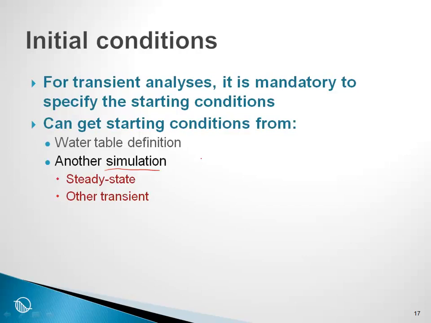Now, the initial conditions could also come from a SIGMA-W analysis or a QUAKE-W analysis, but for our discussion here, we will assume that the initial conditions come from another SEEP-W analysis, and we will show you how to tell SEEP-W where the file is and where the previous analysis is that gives you the initial conditions.